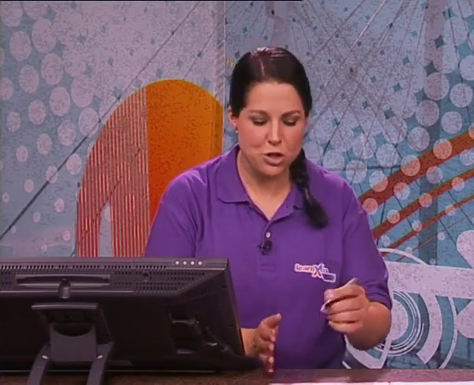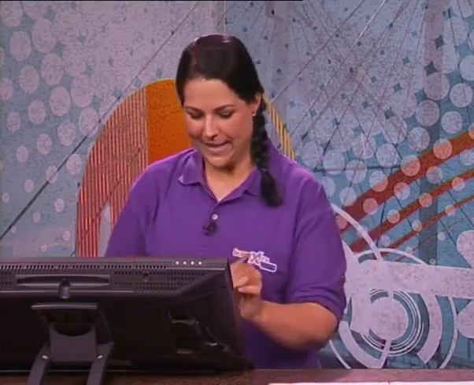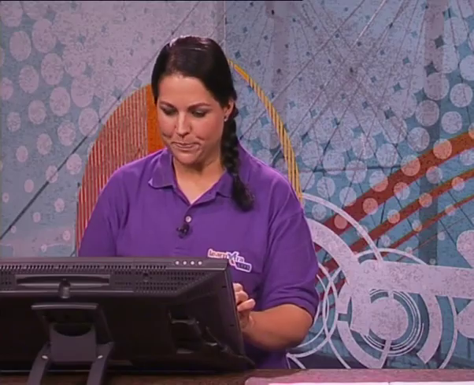It doesn't have to do with the Reserve Bank lending out money to commercial banks. So we know that it's called the repo rate. The answer is the repo rate because the prime lending rate is what we, us normal people, will go to a bank and lend money at. That's the prime rate.